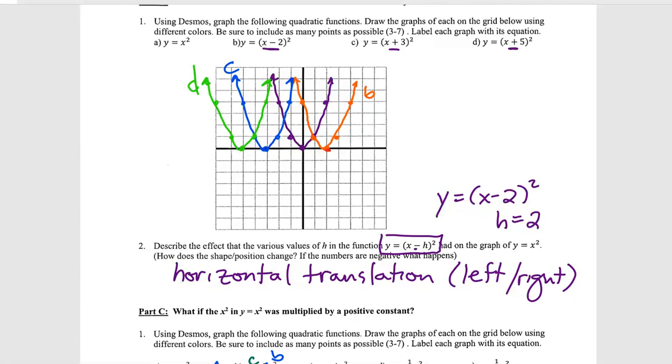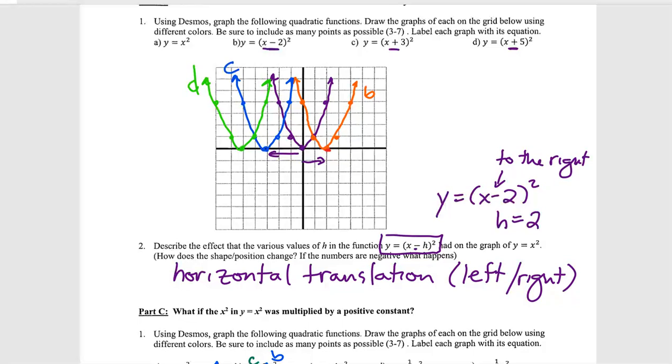So when h is greater than 0, we actually shifted the graph to the right, but in the equation it is negative. So if the equation is negative, it is to the right, the opposite of what you would have thought. So 2 squares to the right. Plus 3, we shifted the parabola backwards, 3 squares to the left.